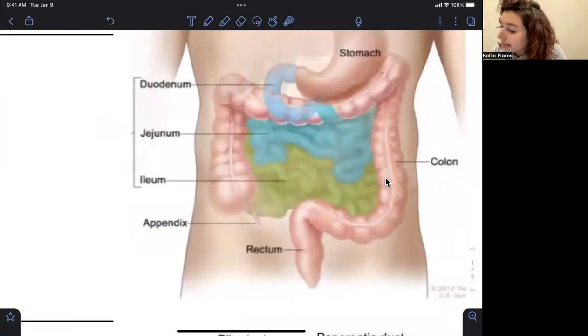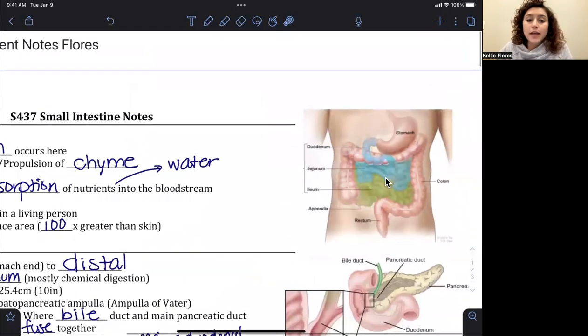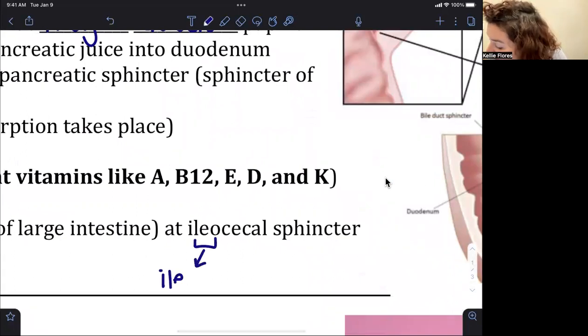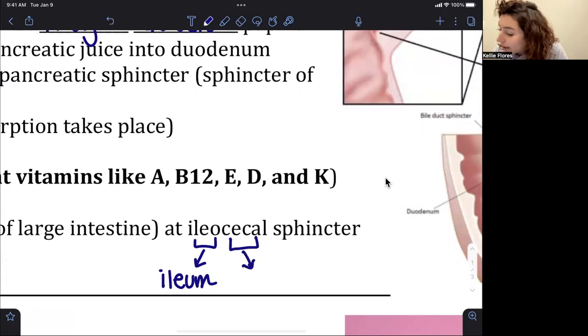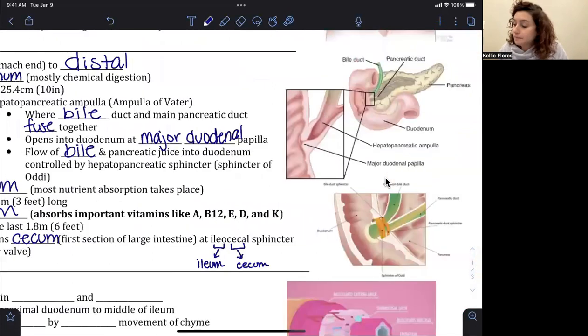So for now, you could just say that right here in this area is where it's called the ileocecal sphincter. That word comes from ileum, which is the last part of the small intestine, and then cecal is like cecum. So that is how we can know where the sphincter is and what it's doing. It's probably controlling the flow of things going from the small intestine to large intestine.